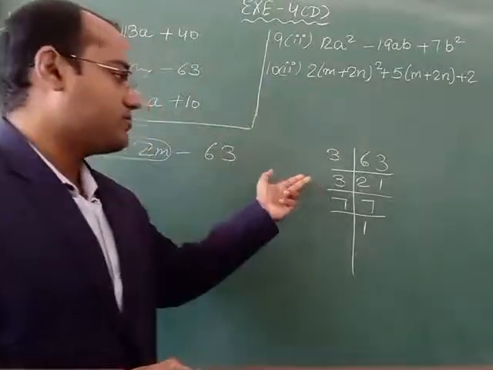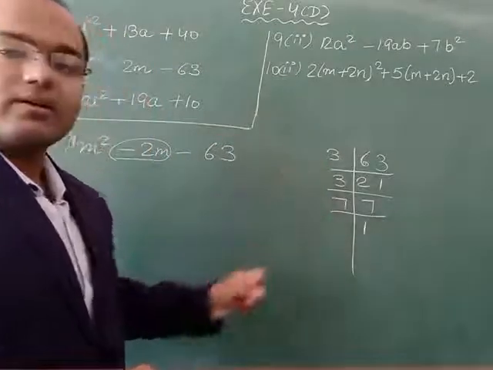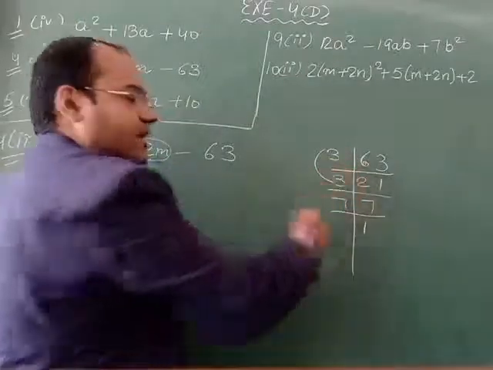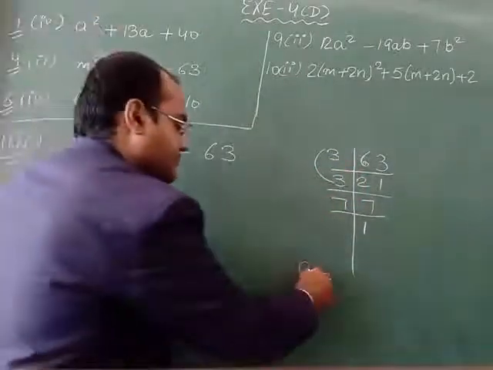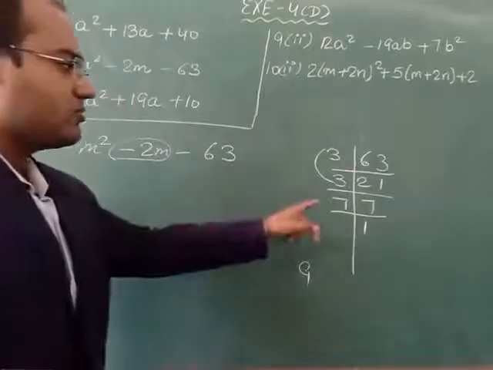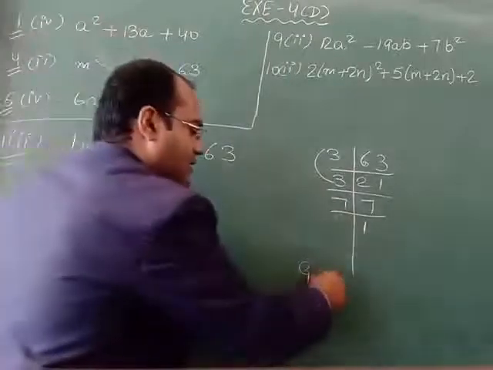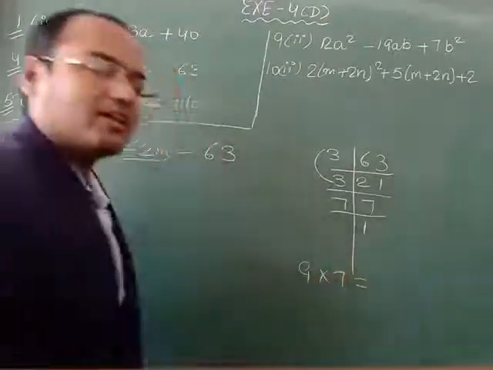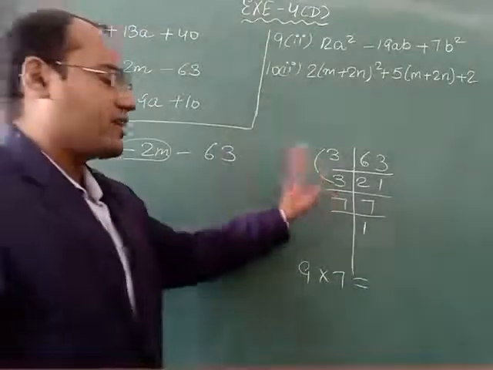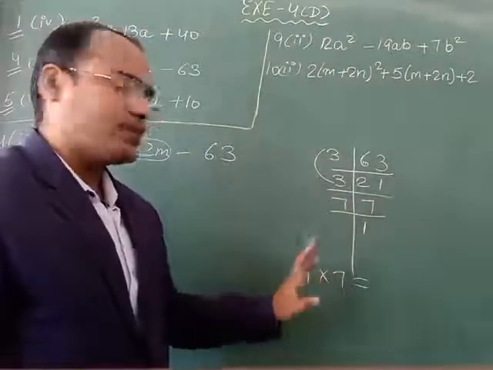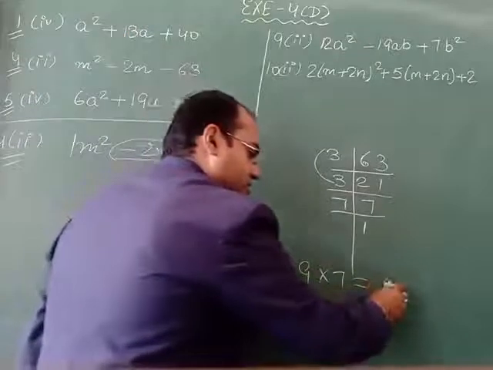So 3 times 3 is 9. If we multiply them, we get 9. Then 9 multiplied by 7, we will find the product first: 9 times 7 is 63.